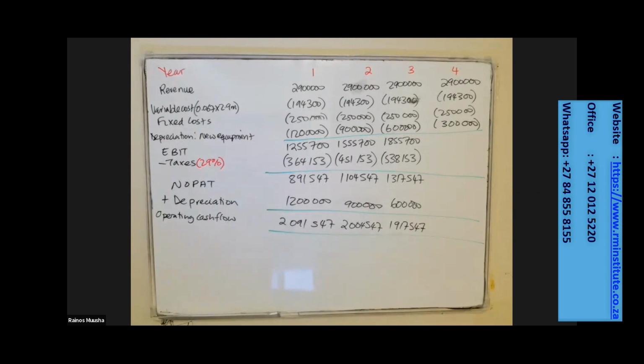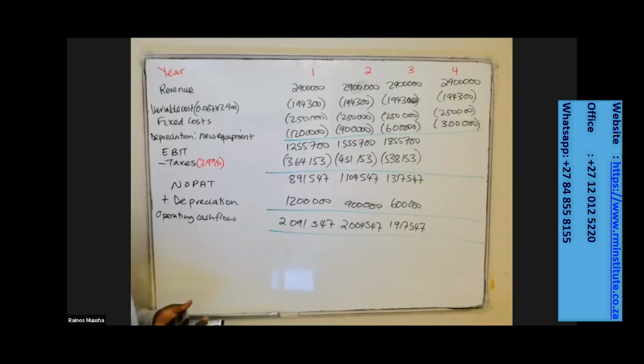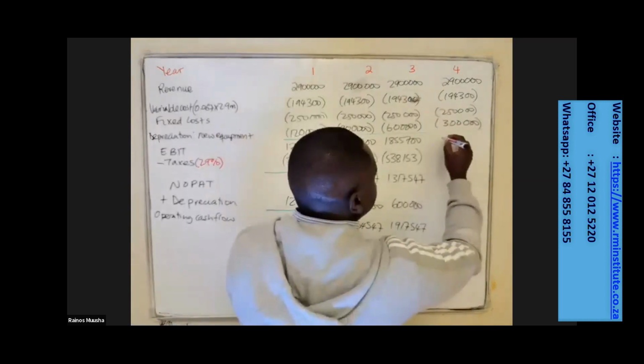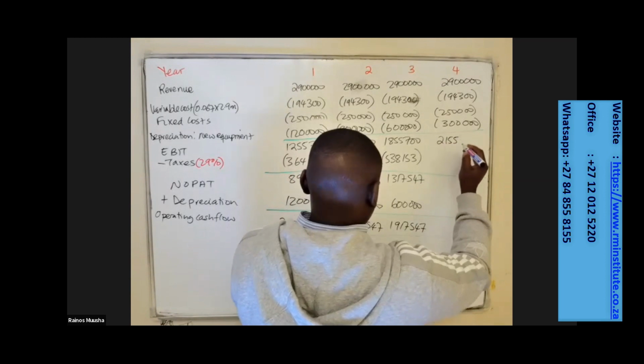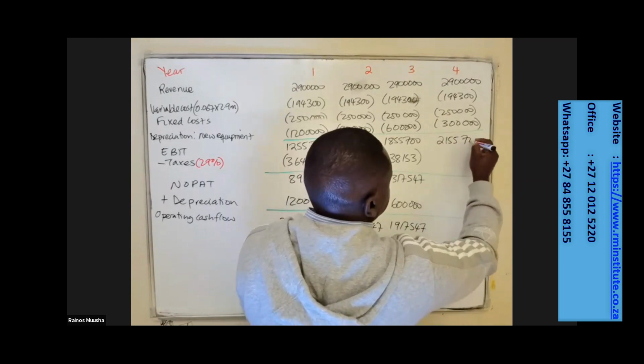Are we on the same page? Yes, we are. All right. For the 4th year, your revenue minus variable cost minus fixed cost minus depreciation should give you a figure of 2,155,700.